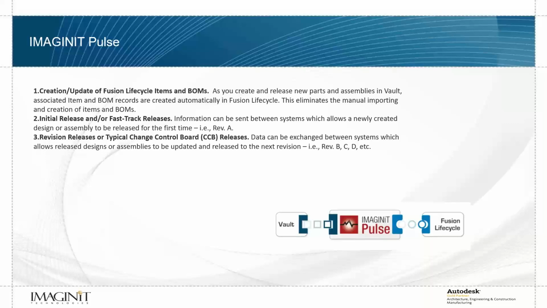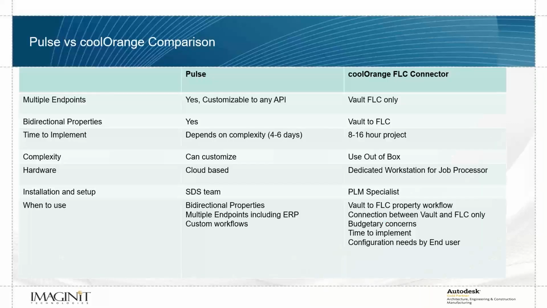So with Pulse and the Cool Orange FLC connector, with Cool Orange, it only goes Vault to FLC. If there was another endpoint that we wanted to push this information to, that endpoint could be maybe an ERP system or almost anything. Anything with an API, Pulse can connect to it.